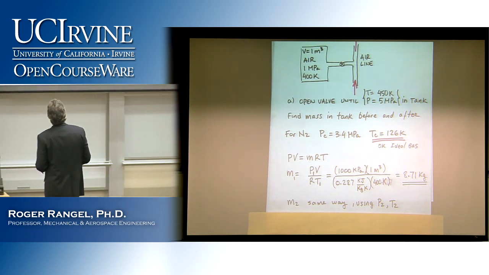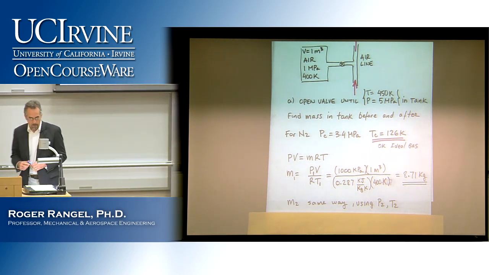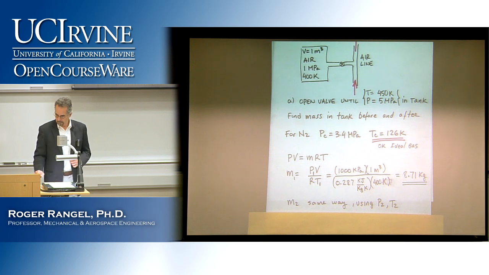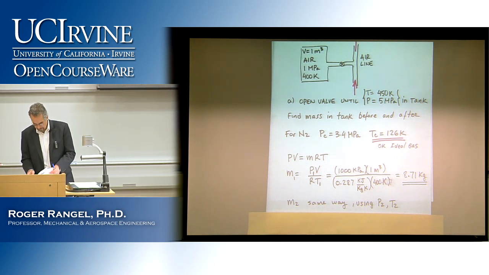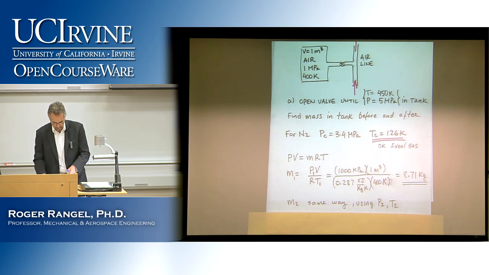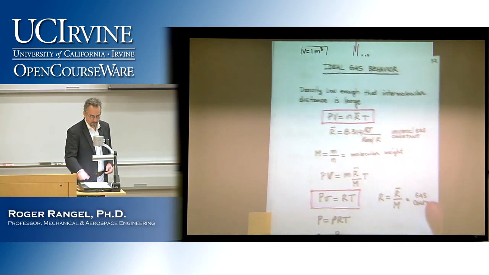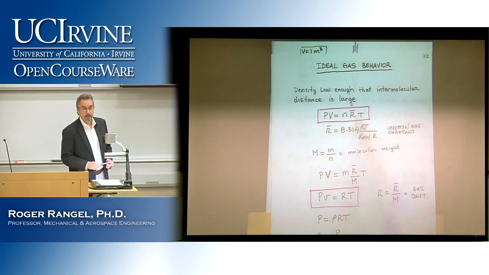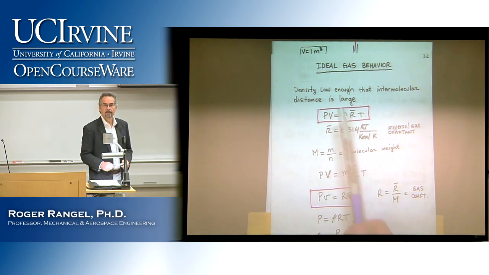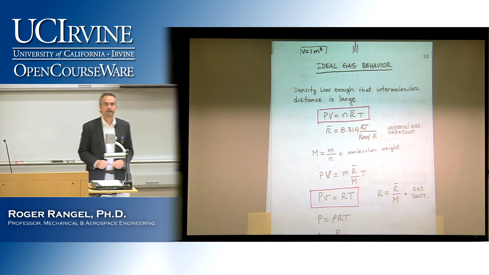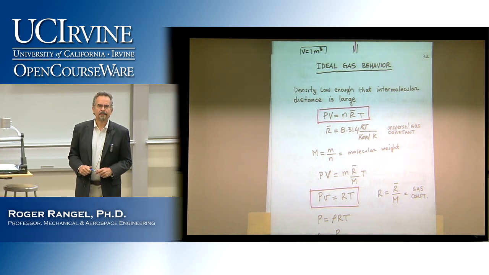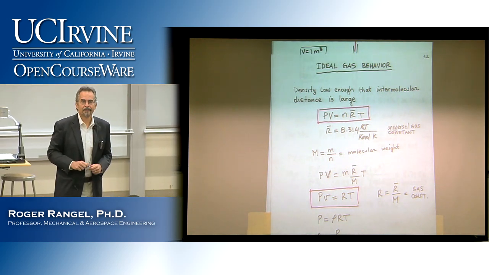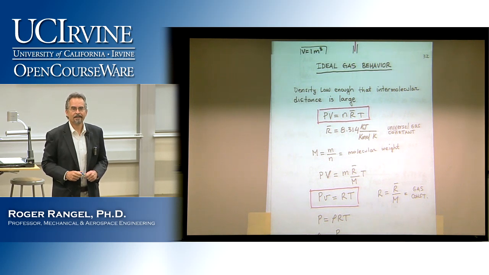Oh, well, yeah. It is PV equals nRT, but which R? Question back to you. Which R is that with the bar on top?